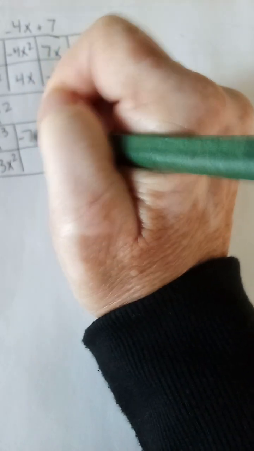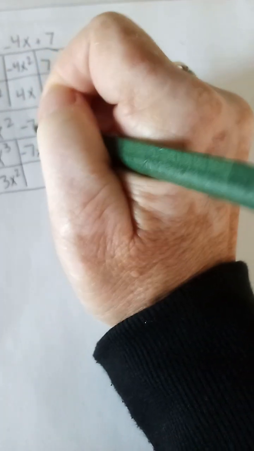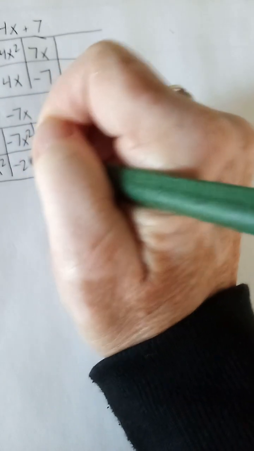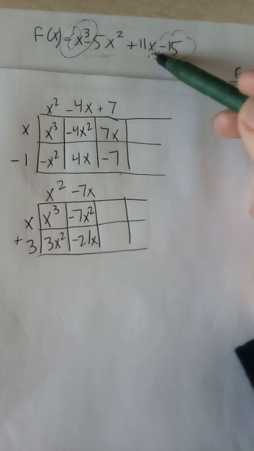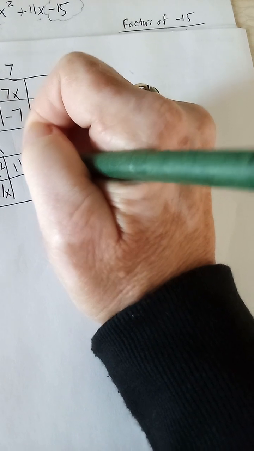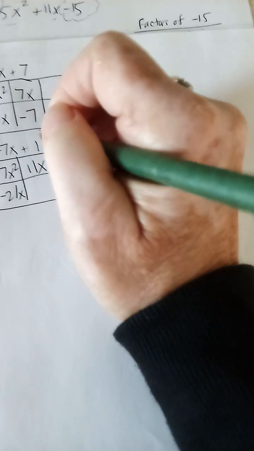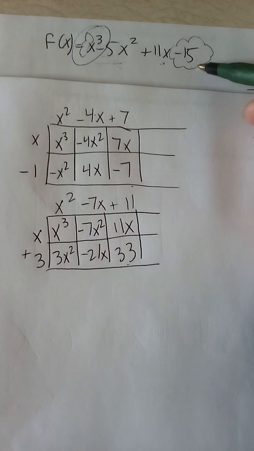My x squareds have to add up to -4, so that'll be -7x squared, 21x. Remember, our x's have to add up to make -11. So 33 is not -15.